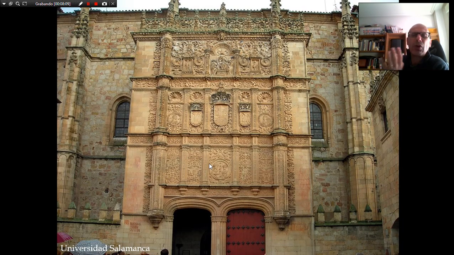Let's talk, for example, because we can make two different readings of this main facade. One is a historical reading, and another one is a mythological or maybe allegorical reading. In this part, you can see this symbol that we have in this part of the facade is a symbol of the Catholic monarchs.